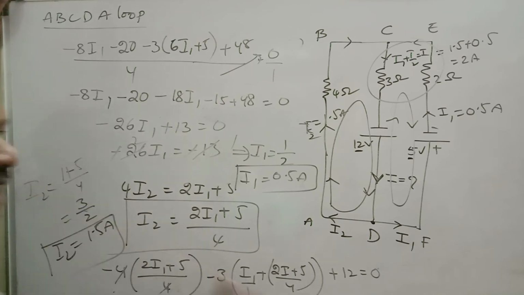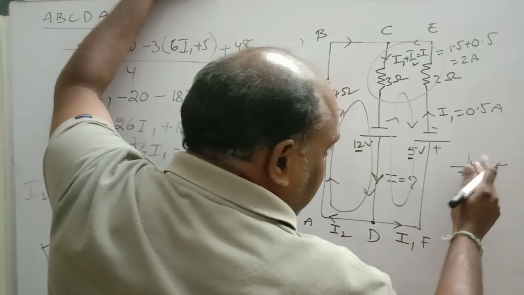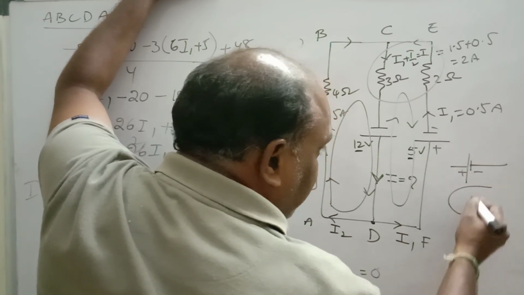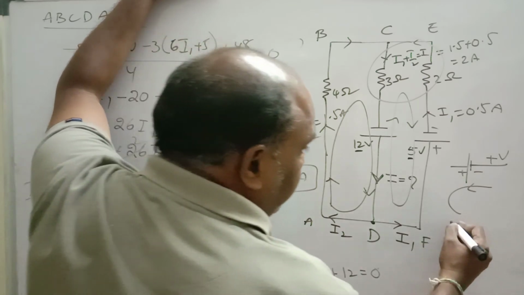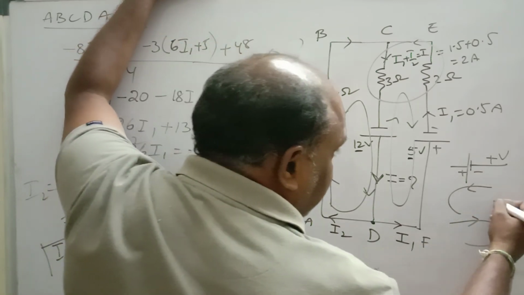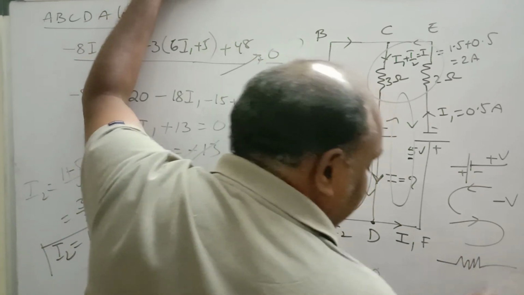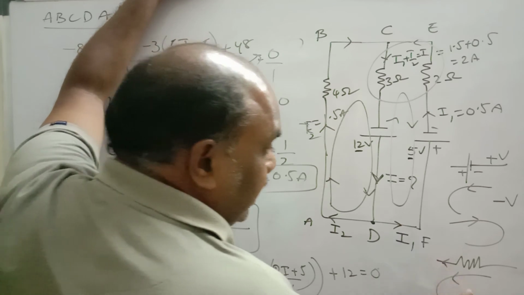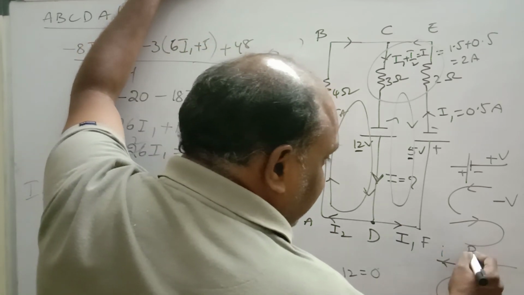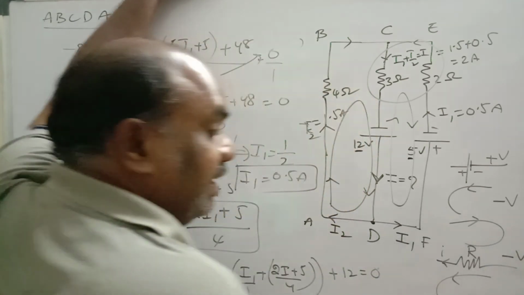Here one important thing to remember: this is battery, positive terminal, negative terminal. If you consider loop from battery positive terminal, its voltage is positive. If you consider loop from battery negative terminal, its voltage is negative. If this is resistance, this is current direction, this is loop direction, and both are same, current is denoted by I, resistance is R, take negative symbol before its voltage.